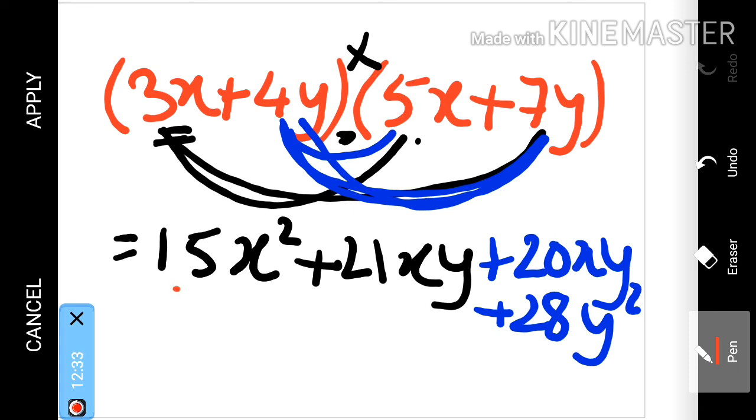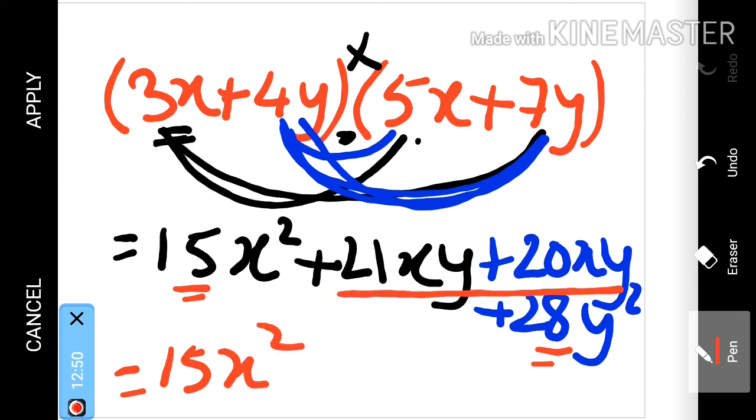Now if you go to see, there is x square term here and y square here. There are no other like terms for those. So it is going to be 15x square. Here, they are like terms, as you have seen in addition of algebraic expressions.